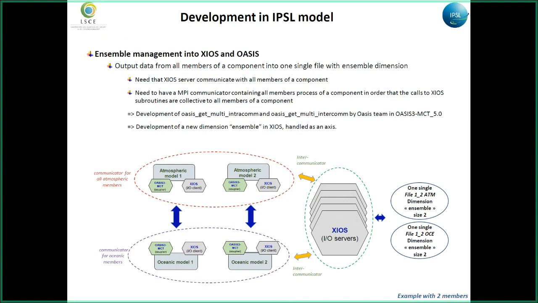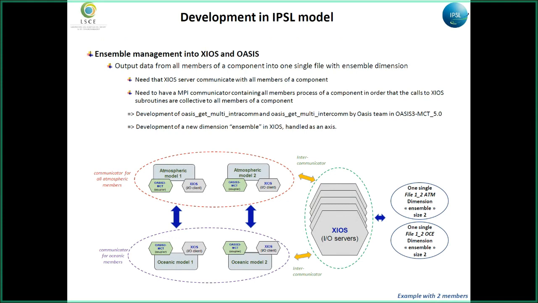This implies the development of new functions, new subroutines in OASIS to allow that. This development was done by the OASIS team, and is in the last version of OASIS, as Sophie mentioned yesterday.